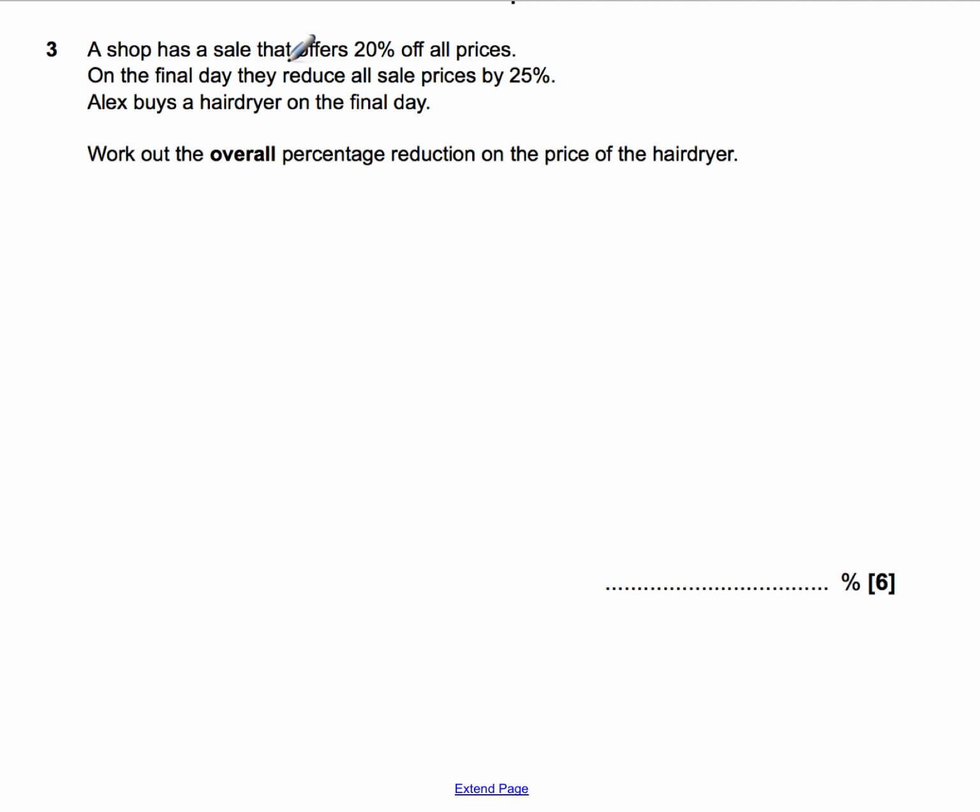Okay, so next question. A shop has a sale that offers 20% off all prices. On the final day they reduce all sale prices by a further 25%, so it's a reduction. Alex pays for a hairdryer on the final day. Work out the overall percentage reduction. So first of all we start off with a 20% reduction.